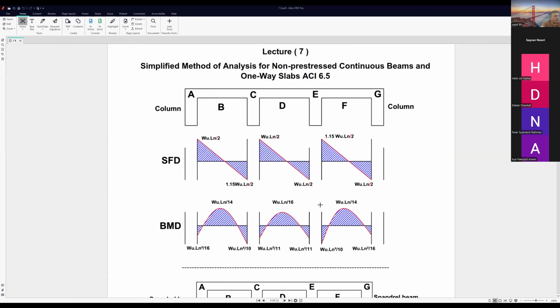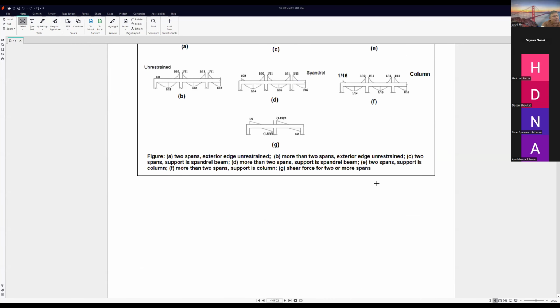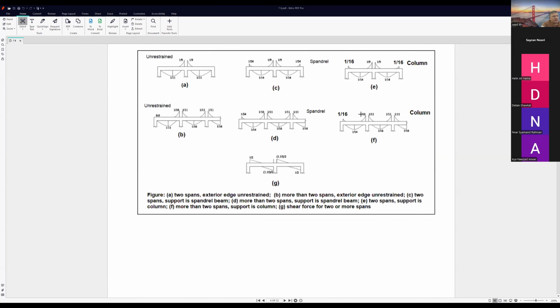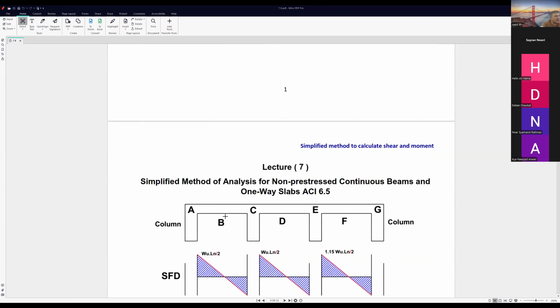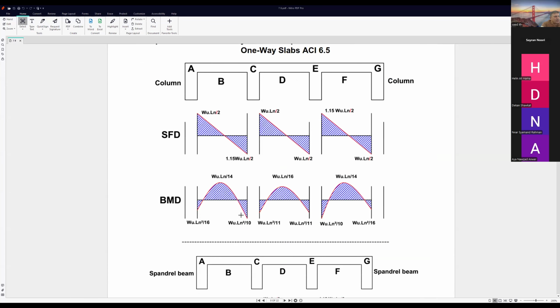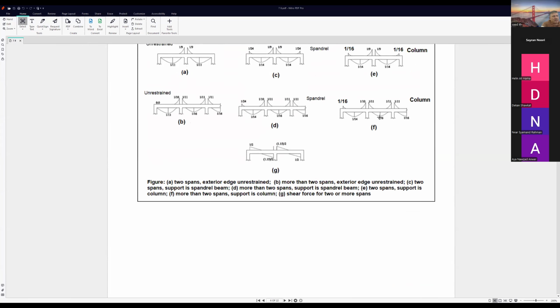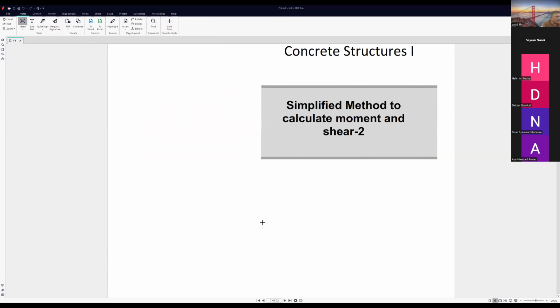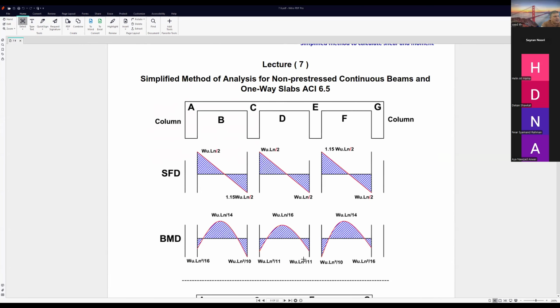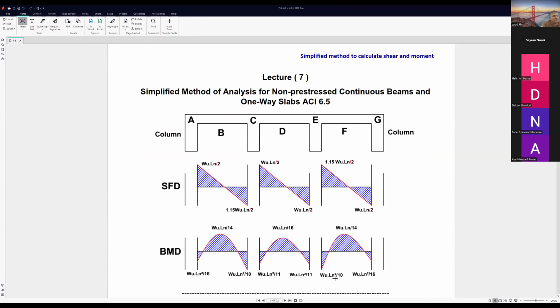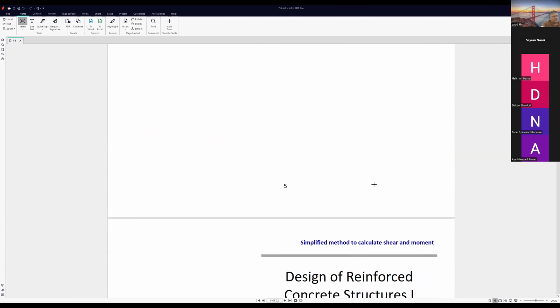Then we have WL squared over 10. Then we have WL squared over 11, this one, WL squared over 11, then 16, then 11, then 16, then 11, then we have 10, 14.